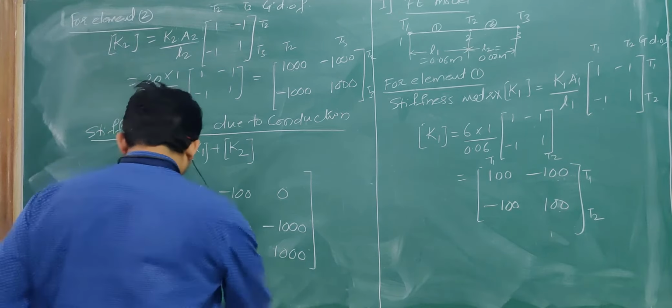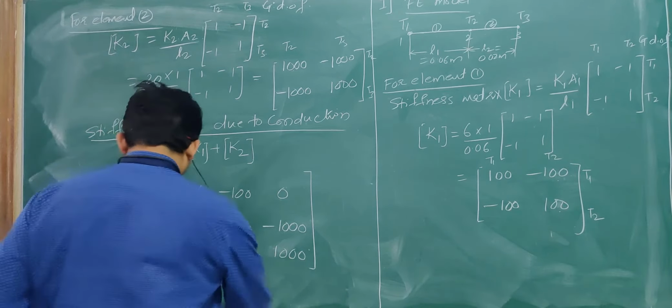So for element 2, why element 2? Because I'll just draw again and explain. Convection is specified at this particular end, correct? This end has the convective heat transfer coefficient.